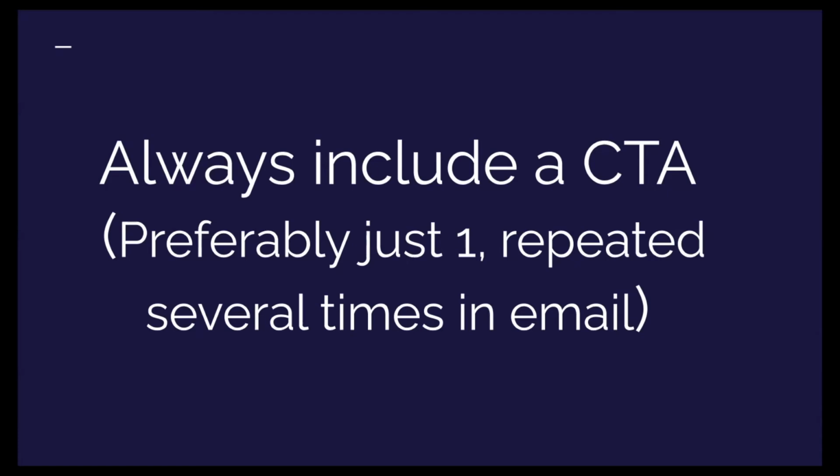And it can come in that button where people press a button and they're able to go right to the landing page. So you'll include that link to enroll in your landing page at least 3 times or 2 times in your email.